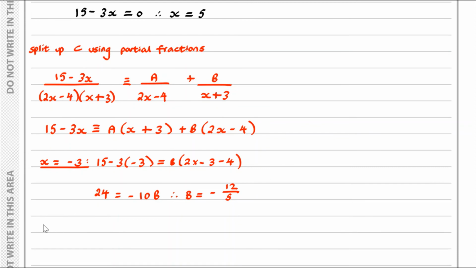Similarly, when x is equal to 2, we have 15 minus 3 lots of 2, that's equal to a lots of 2 plus 3, so we have 9 equals 5a, that will be 9 over 5.